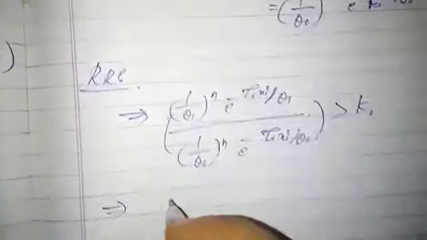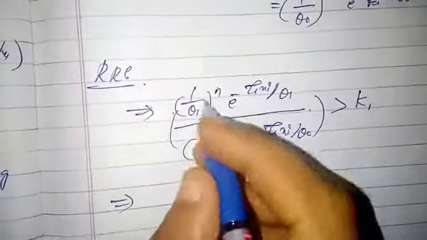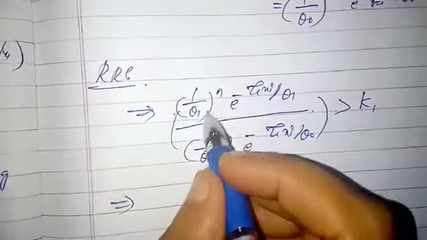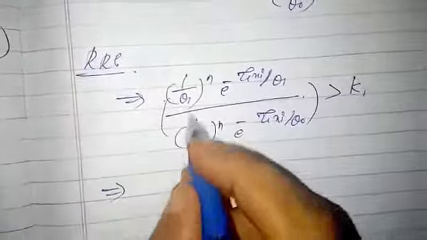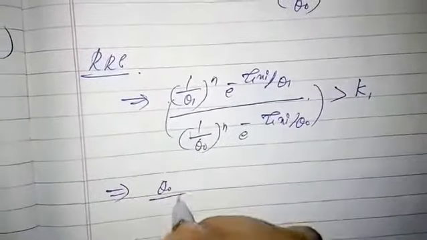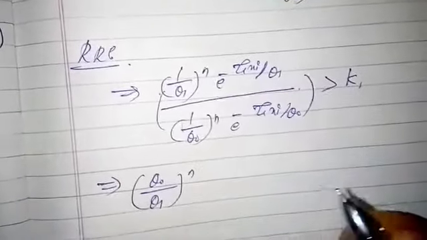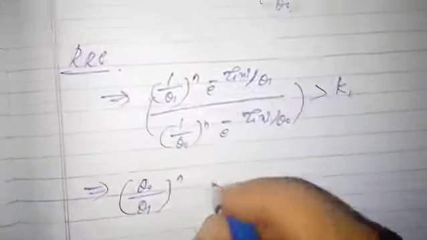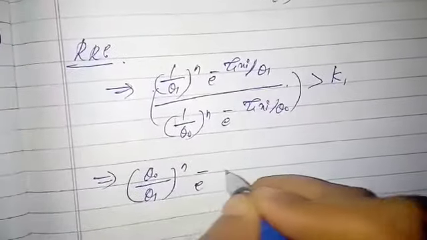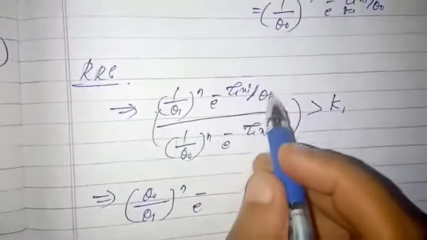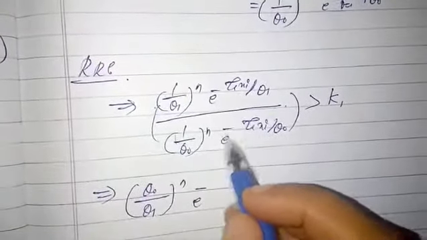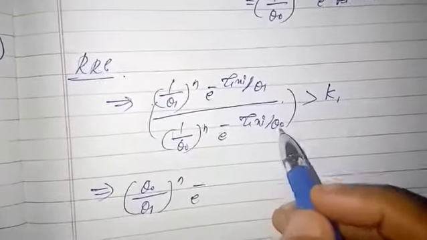We can write this term as (1/θ1)^n divided by (1/θ0)^n, which is (θ0/θ1)^n, into e^(-summation xi / θ1) divided by e^(-summation xi / θ0).